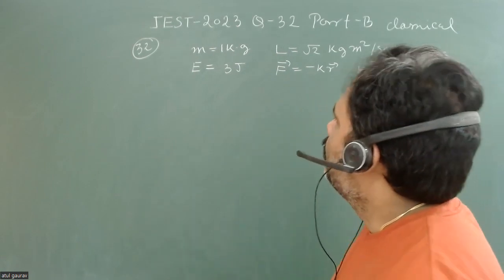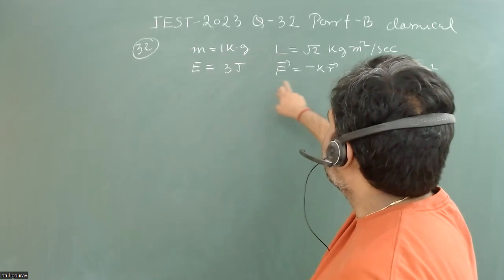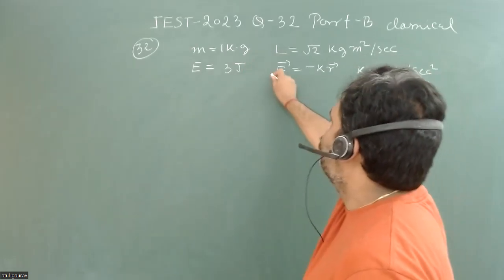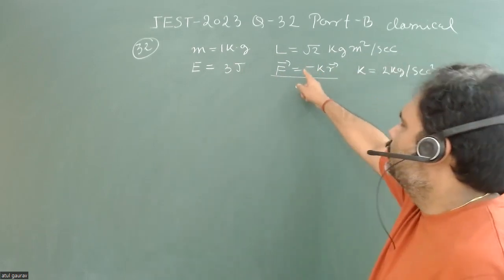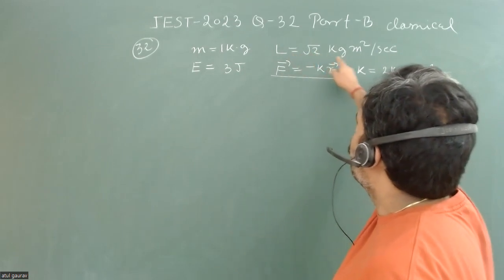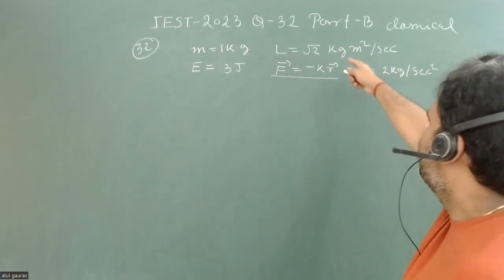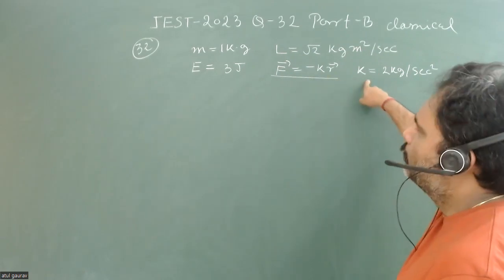So what is given? A particle of mass m equal to 1 kg is interacting with a force, given as minus kr, and it has some angular momentum, that is root 2 kg meter square per second in terms of the unit of angular momentum, and the value of k is also given.